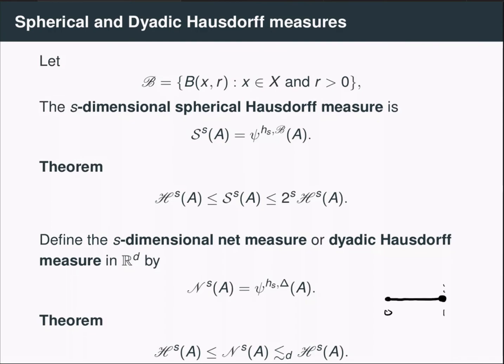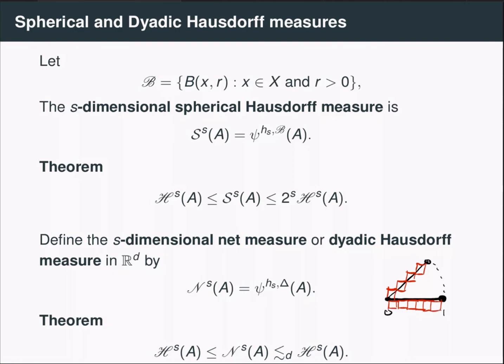However, if I take this line segment and I rotate it 45 degrees, and I look at this new line segment, that's actually going to have a different dyadic Hausdorff measure. And the reason why is because when the coverings are by dyadic cubes, the number of dyadic cubes that I need to cover this line segment, because I can align them along the diagonals, is fewer than the number of dyadic squares that I need to cover the other line segment.